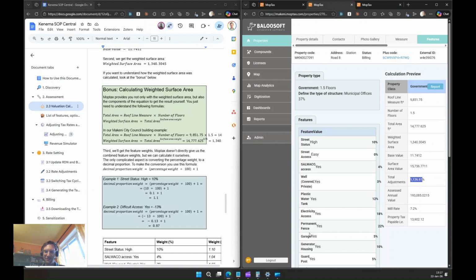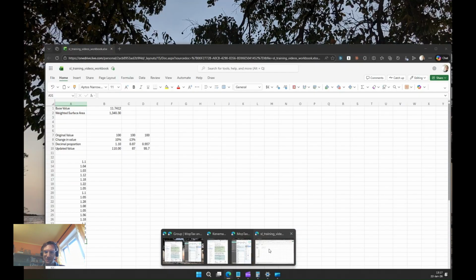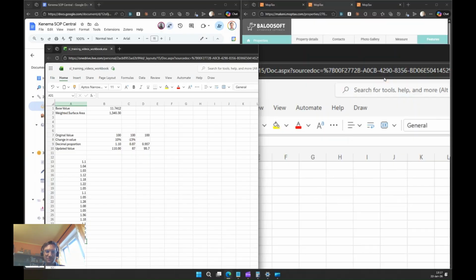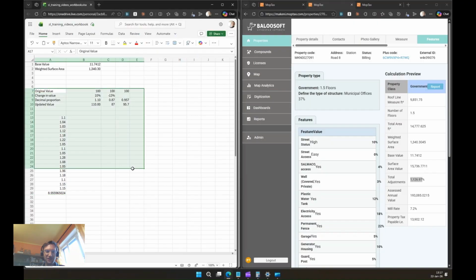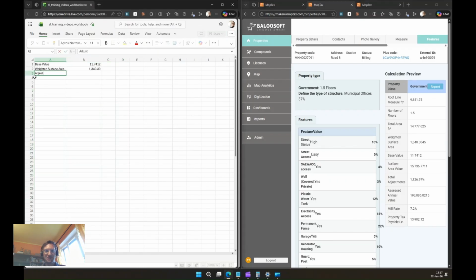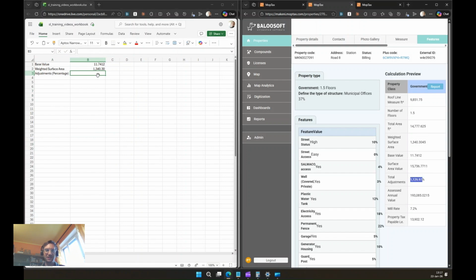So at this point, we have our weighted surface area and we have our base value. If we have our adjustments as a percentage, that is this number here, 1,126.97.